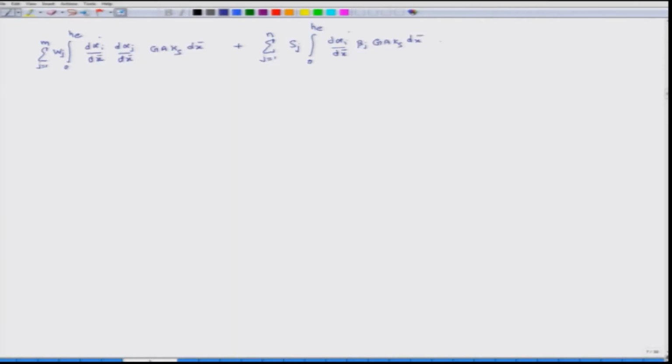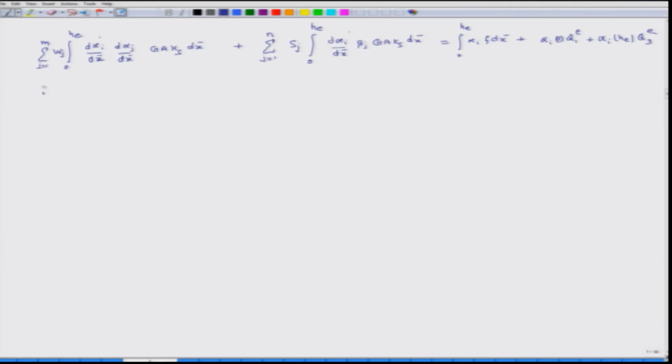So, this equals integral of alpha I f dx bar plus the boundary terms: alpha I evaluated at 0 times q1e, plus alpha I evaluated at h e times q3e. So, that is my first equation.